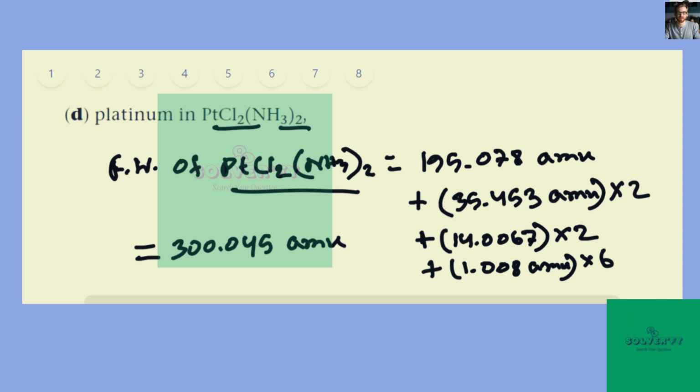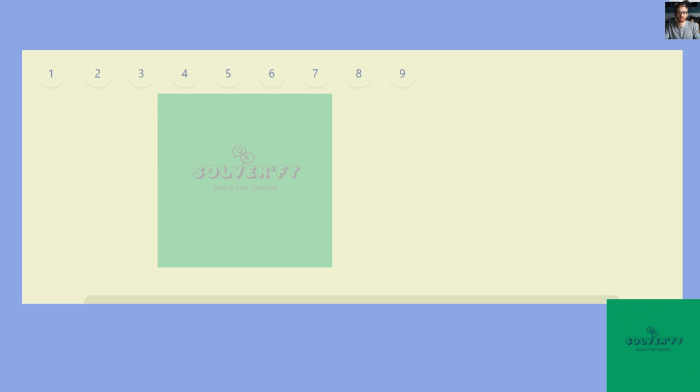Now we will use the same formula as before to find the platinum's mass percentage here.